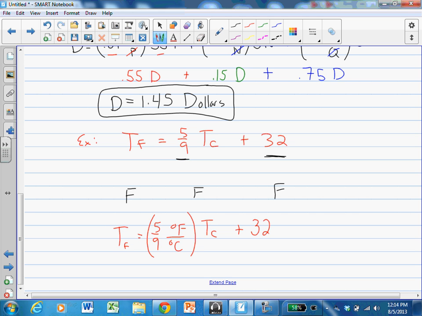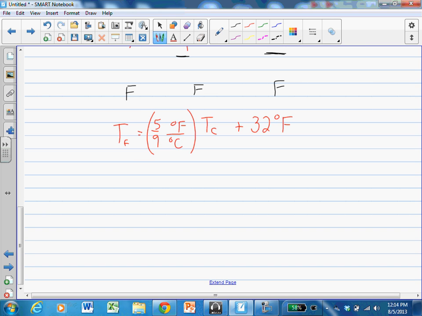So now you could see if you plug in, for example, what is the Fahrenheit temperature for 13 degrees Celsius? You could use your formula, TF equals 5/9 degrees Fahrenheit over degrees Celsius times 13 degrees Celsius plus 32 degrees Fahrenheit.